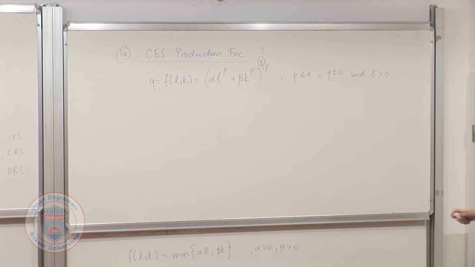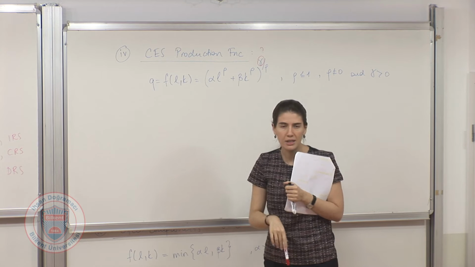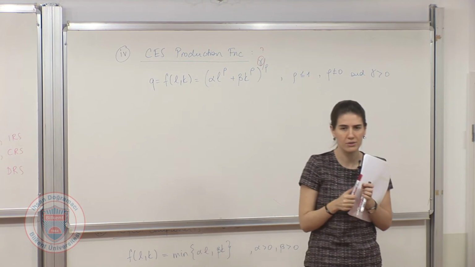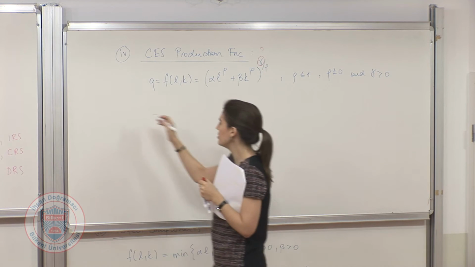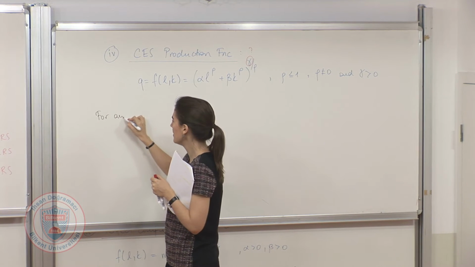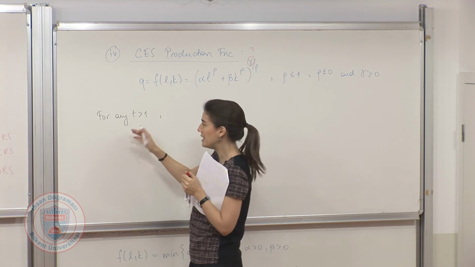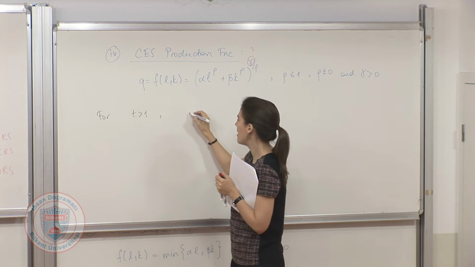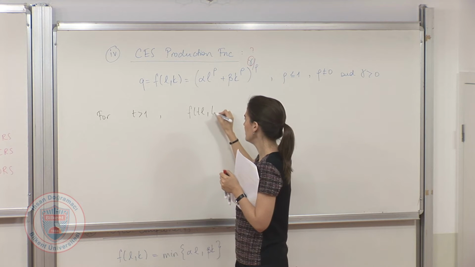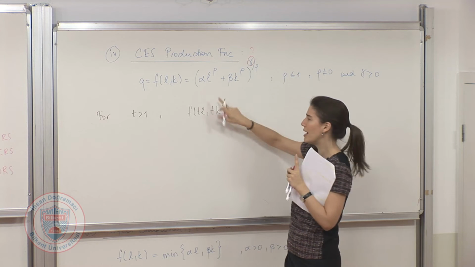Let's see, okay? So does this function show increasing returns to scale, decreasing returns to scale, or constant returns to scale? Let's check. So let's do this for any t greater than 1, or whatever you would like to write. So we have f of tL, tK, which is equal to, wherever I see L, I write tL.